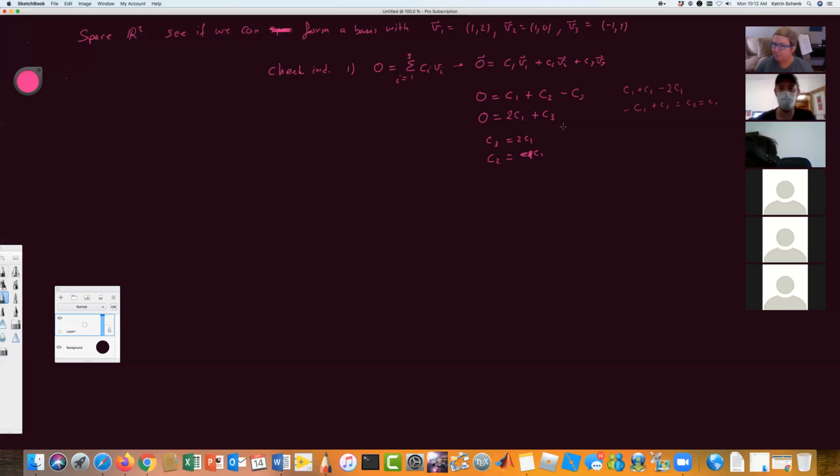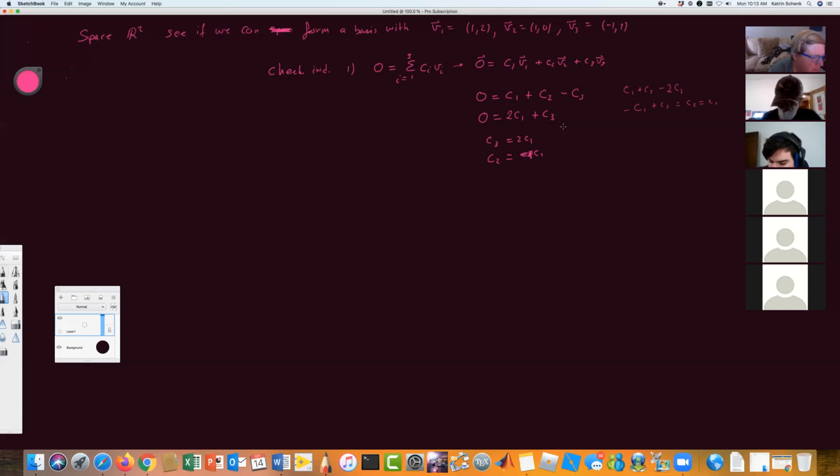When you look at them, it's really not clear. But they are not. And in fact, any 3 vectors in R2 are going to be linearly dependent. Okay? All right.